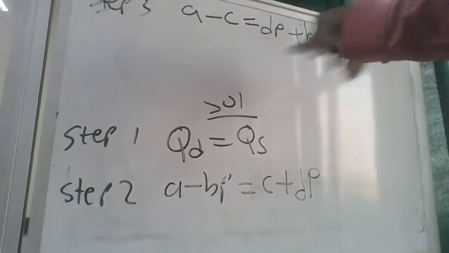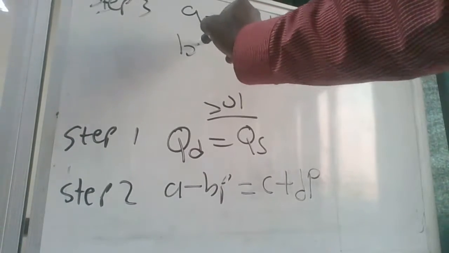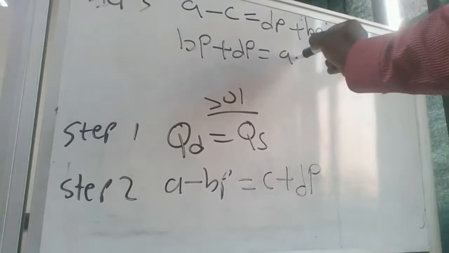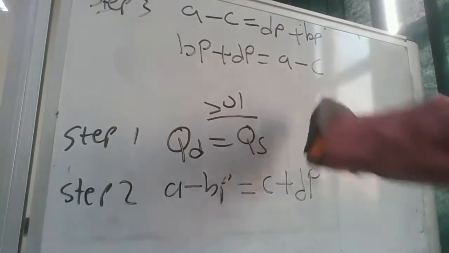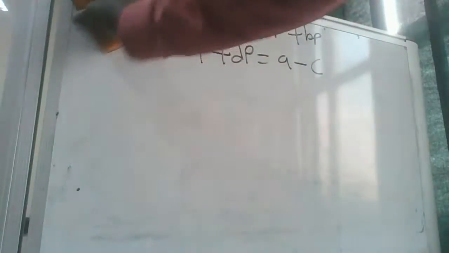Okay, which we can rearrange and make this come this side, as BP plus DP is equal to A minus C. Then from here we can factor out, so we can factorize.